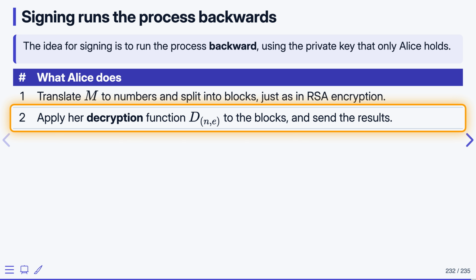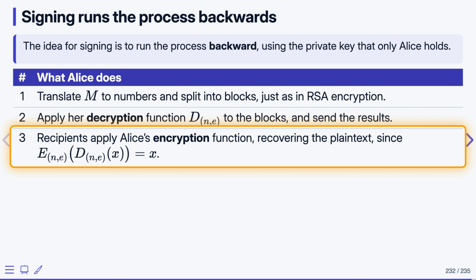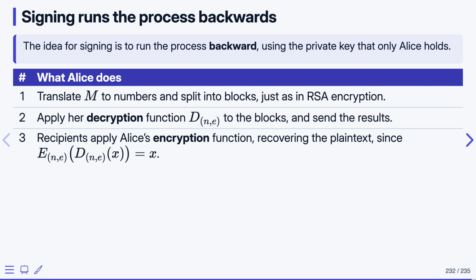Because only she knows d, she sends out the result. Step 3. Anyone who receives it applies Alice's public encryption function, using e, which everyone knows. This gives back the original message, because encrypting after decrypting cancels out, just as decrypting after encrypting does. Since only Alice could have produced blocks that open cleanly with her public key, everyone is sure the message came from her.